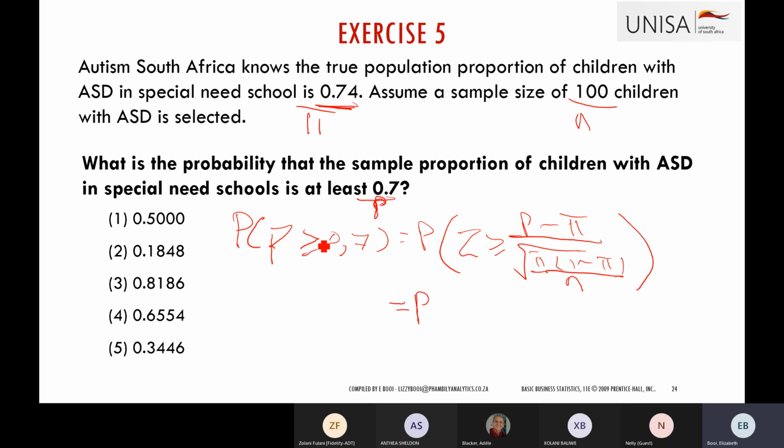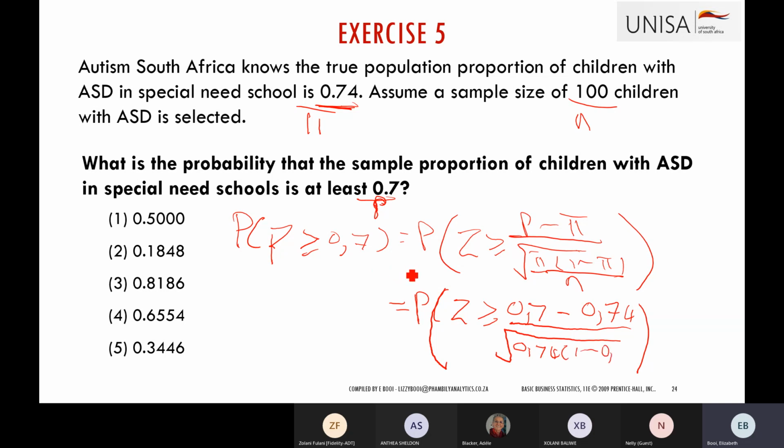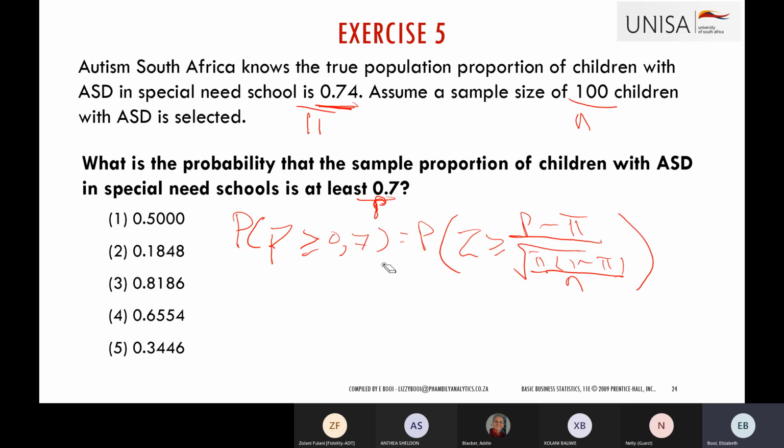So we just substitute: P(Z greater than 0.7 minus our population proportion 0.74, divided by the square root of 0.74 times 1 minus 0.74 divided by N. What do you get?